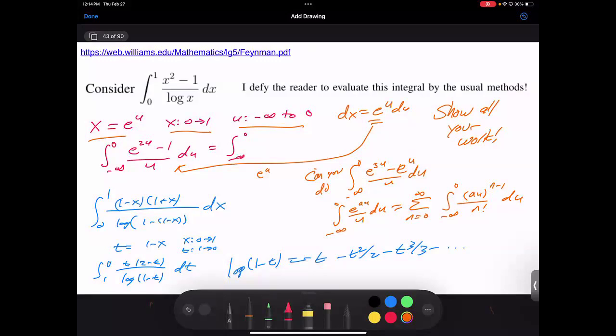What can you tell me about each of those integrals? What can you tell me about their values? You're integrating u to the n minus 1 from minus infinity to 0. What are you going to get?